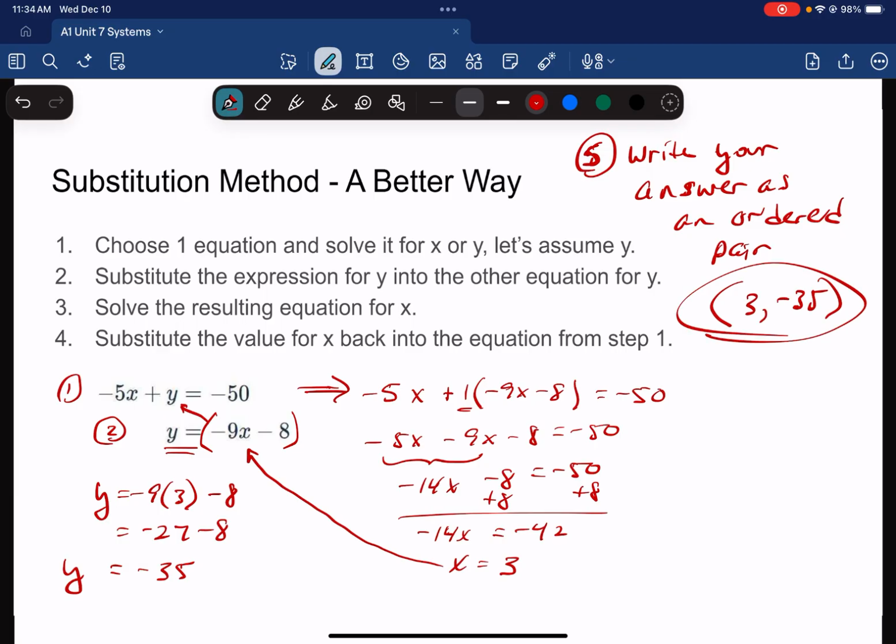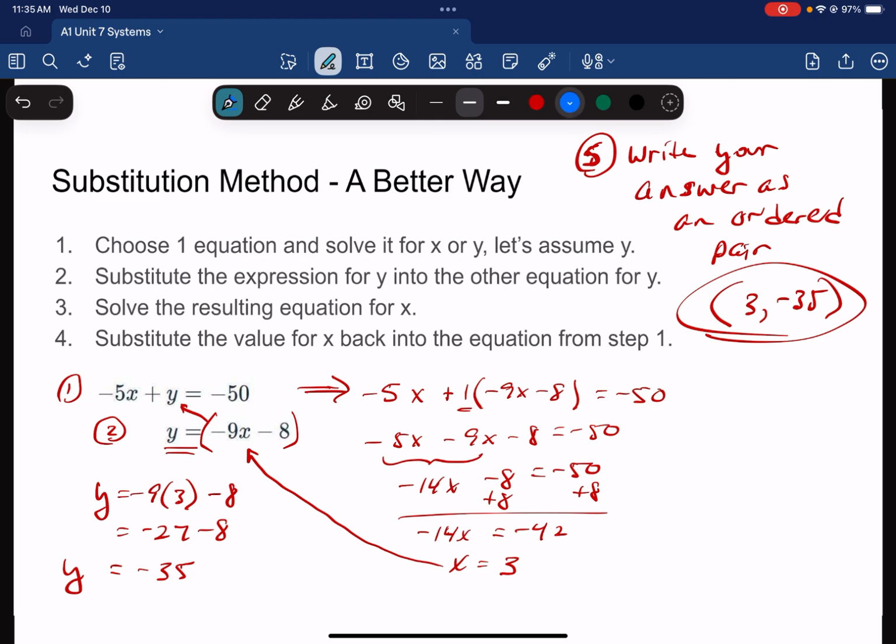Okay, let's run back through that again. We choose one equation and solve it for x or y. In this particular example, equation 2 was already solved for y. Y is by itself. Then I substituted that expression, negative 9x minus 8, into the other equation, equation 1, for y.